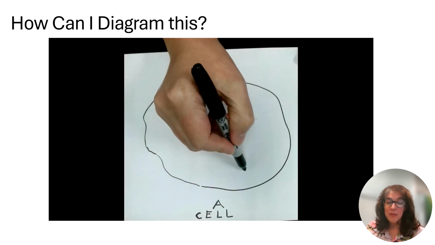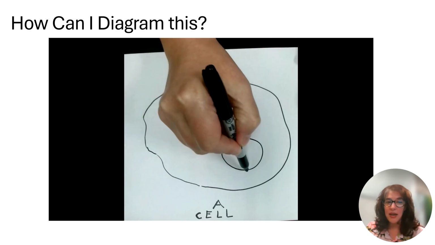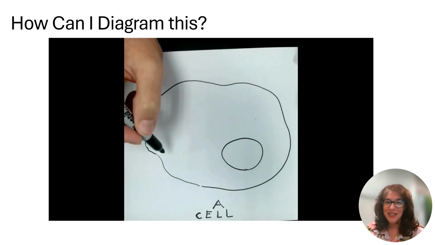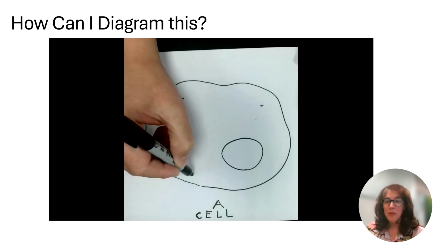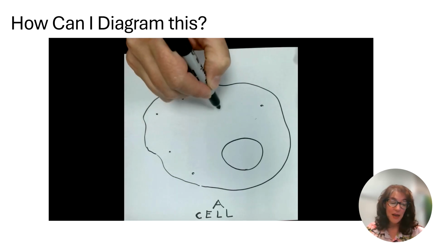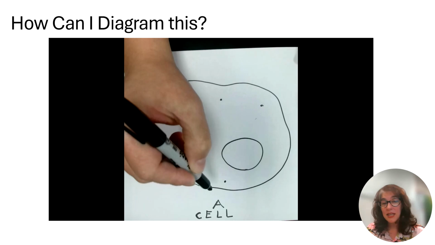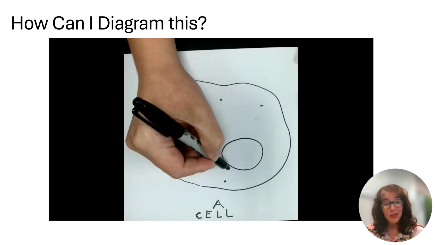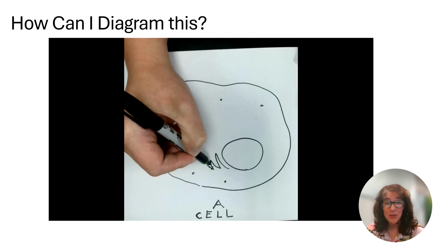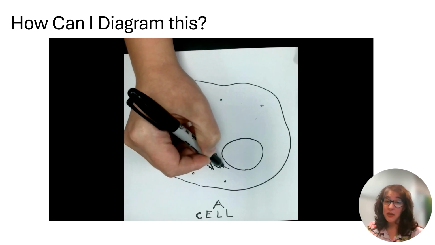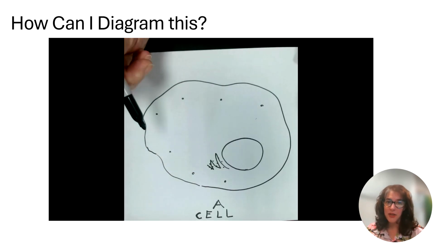And I'm going to make some ribosome dots because we have lots of ribosomes in our cells. I'm going to maybe draw my Golgi apparatus or my endoplasmic reticulum, because the Golgi body and the endoplasmic reticulum can look similar. But if you stud it with ribosomes, you go, oh, it has to be rough ER.